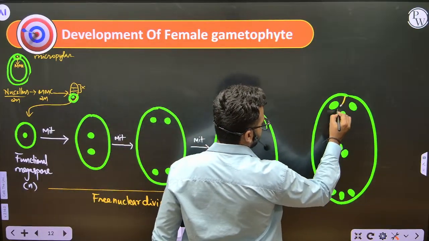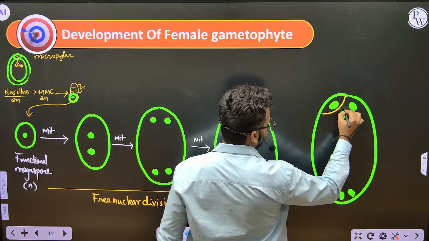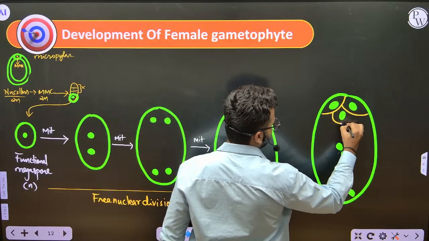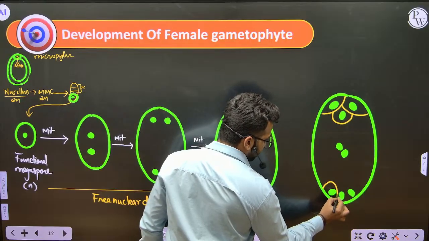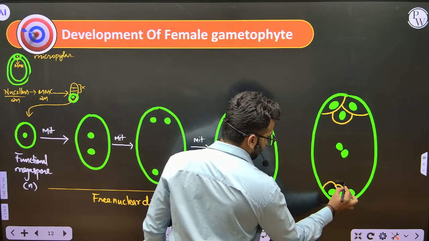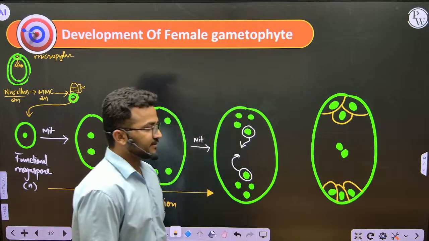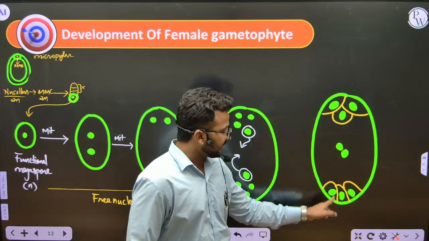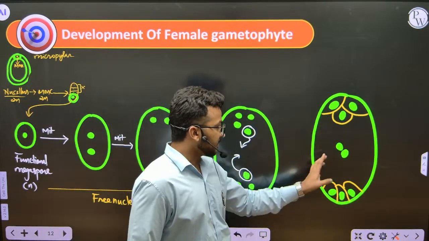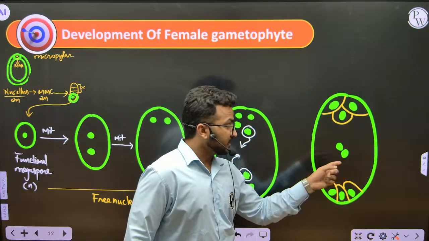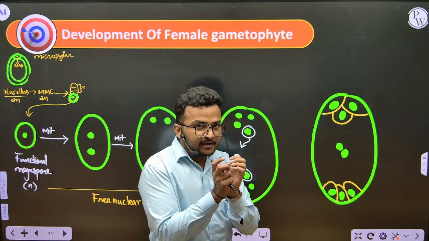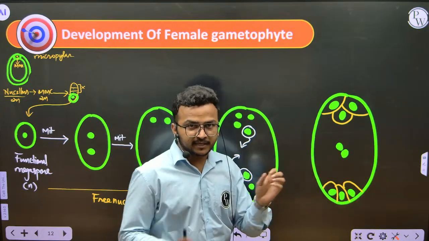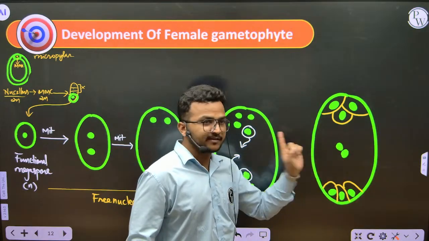So this is one cell, another cell, and another cell: 1, 2, and 3, three cells at this end and three cells at the other end. At the center there are two nuclei. There is no fusion of nuclei. They are separate.